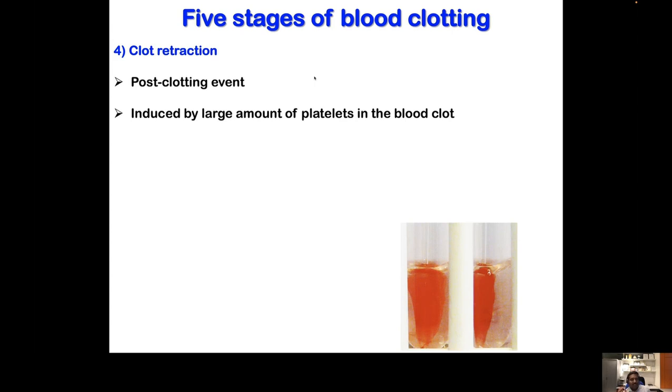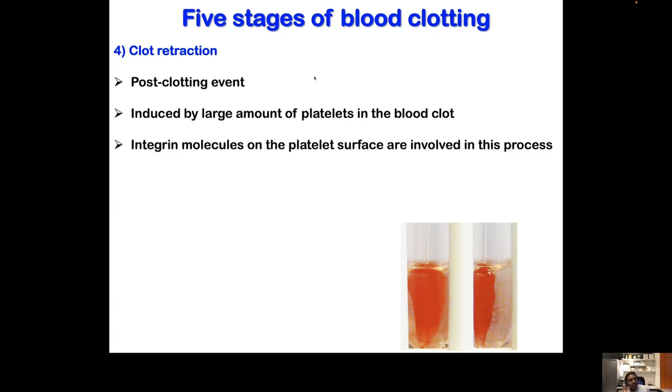You need to remember that this is another major function of platelets, activated platelets particularly. Activated platelets already aggregated and are making the temporary clot. Activated platelets will provide a surface for blood coagulation. Similarly, activated platelets are important for clot retraction. Without platelets, the clot will not retract.